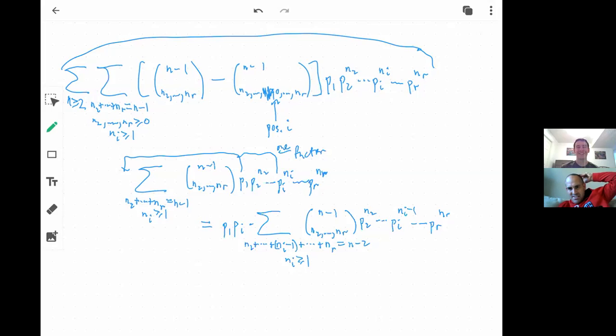Yeah. I mean, that thing looks horrible, but it really isn't. It's just a matter of seeing how this thing is going to simplify. That makes sense. But I think multinomial has to be the way to go on this one.